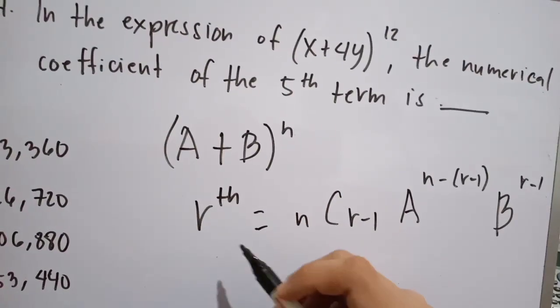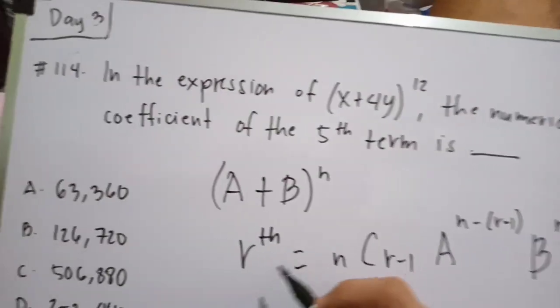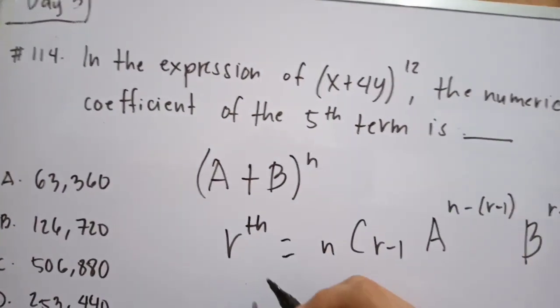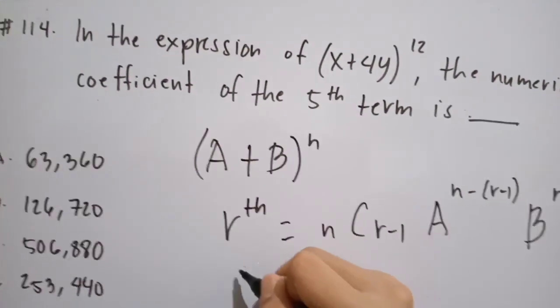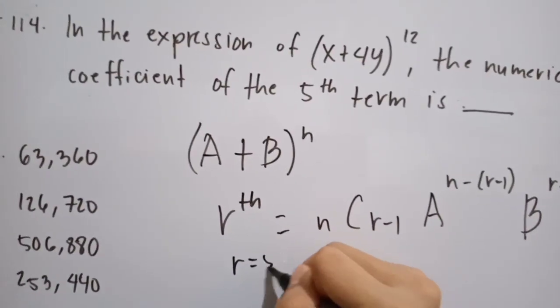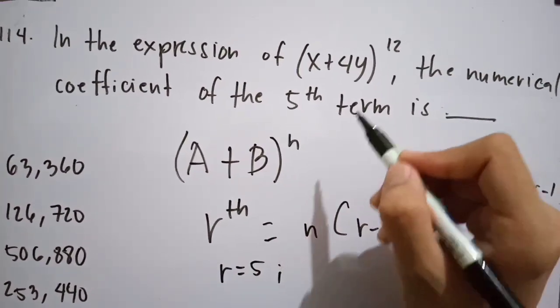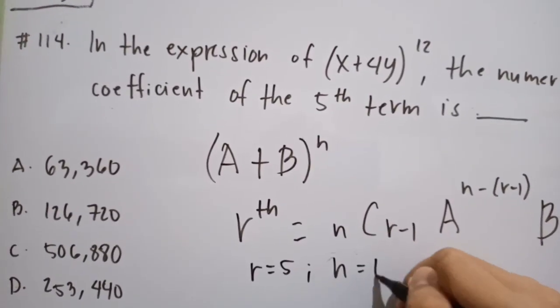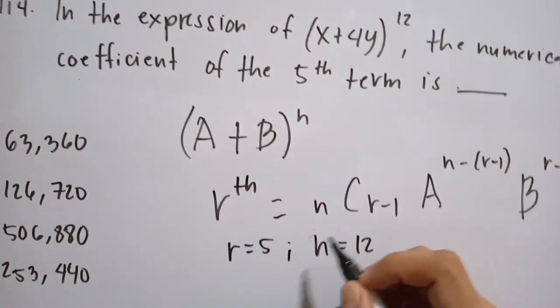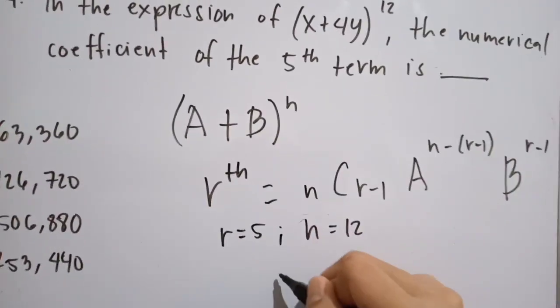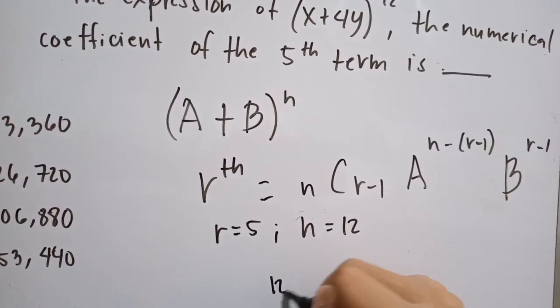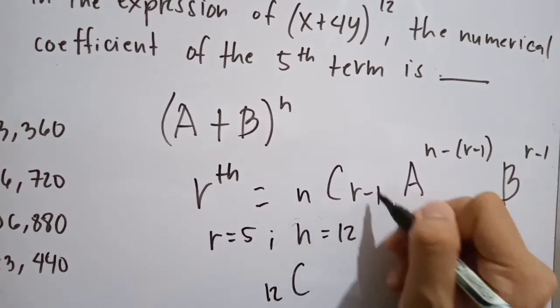So una, alamin muna natin kung ano yung r natin. So dito sa problem, ang r natin ay 5 kasi nga fifth term, rth term, fifth term. So ang r natin is equal to 5. At ang n natin ay yung exponent ng expansion. So ang n natin ay 12. So ma-solve na natin to. So combination of 12, ito yung n.